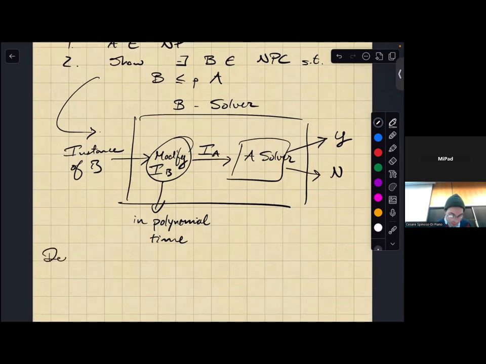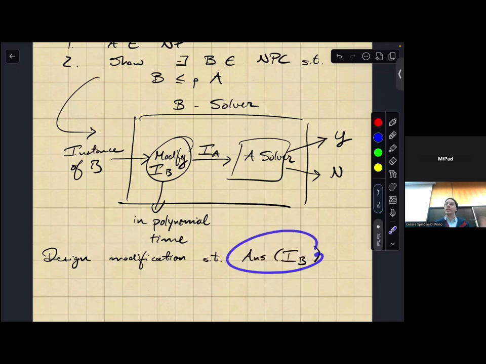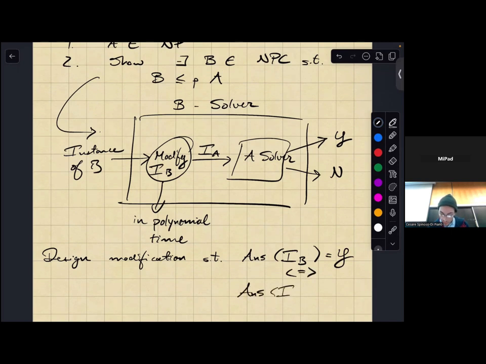So you design the modification such that the answer to the instance of the problem B is yes if and only if the answer to the instance of the problem A, which was modified as a function of this, is also yes.